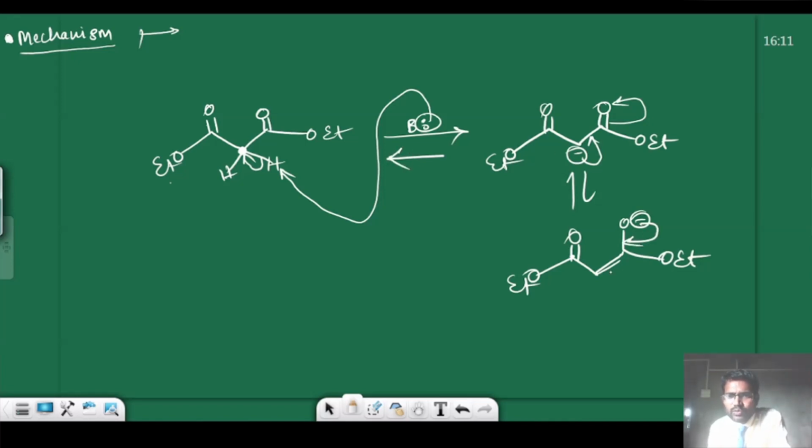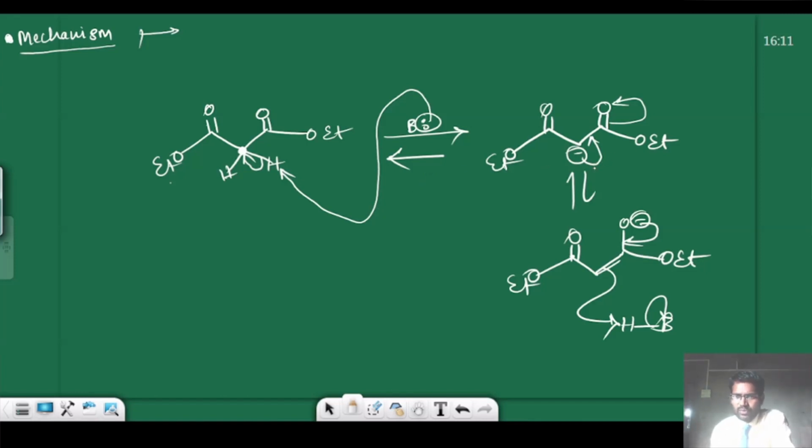So this is a very important reaction that we need to understand. When an active methylene compound is treated with a base, there is a formation of enolate anion. This is what we need to understand.